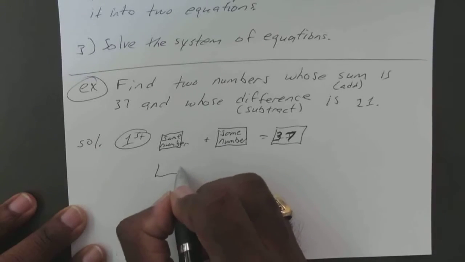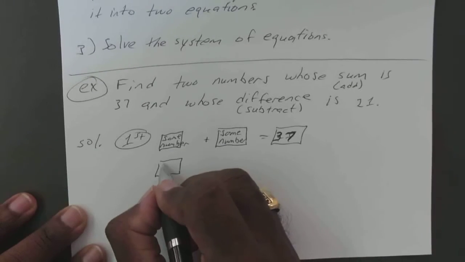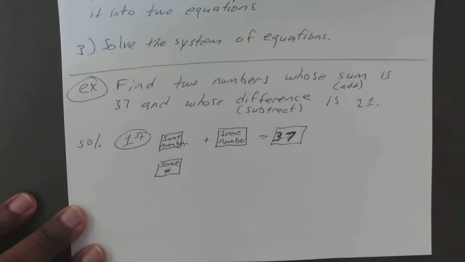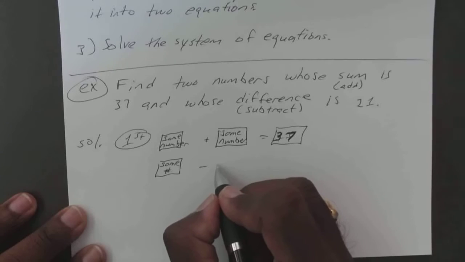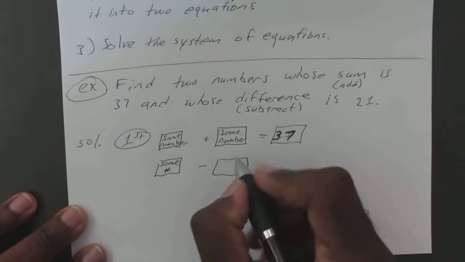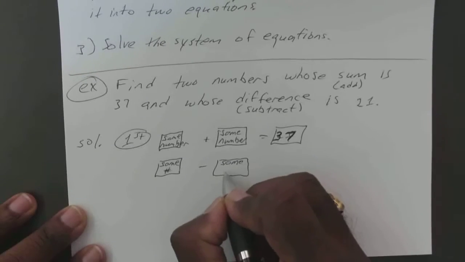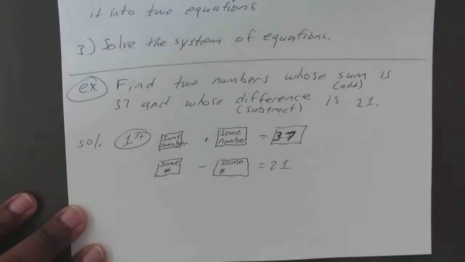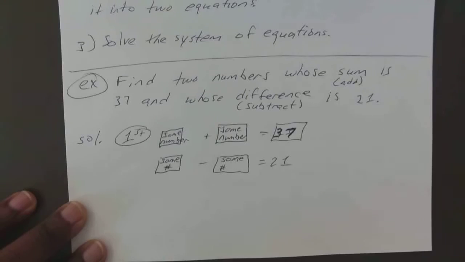Okay, and we have that same number, I'll just use the pound sign, minus some number equals 21. Okay.